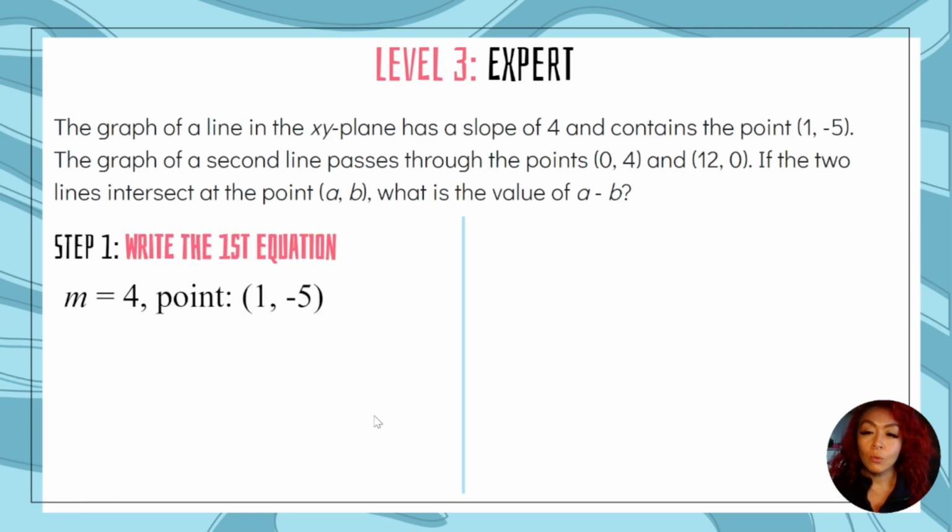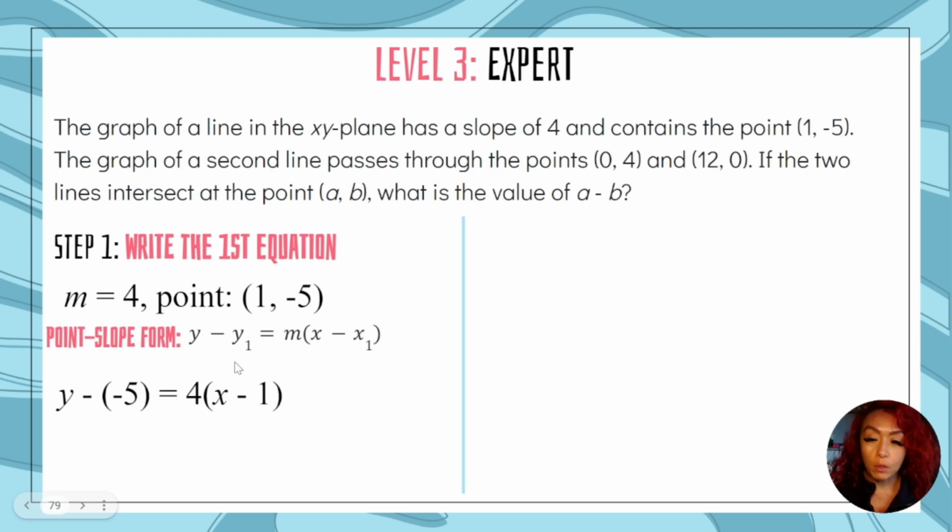Right? So notice how we have a point and a slope. So we can use the point-slope form to write the equation of this line, and then we can rearrange it to put it into slope-intercept form. So we're just going to substitute 4 for m, 1 for x1, and -5 for y1. Right?